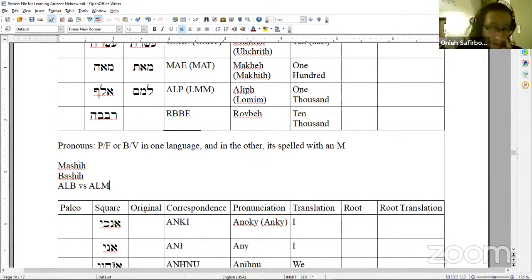So, and then of course, Hebrew sometimes adds Aleph, whereas in Akkadian, the Aleph is not there. So that's why we have it as Lamed Mem instead of Aleph Lamed Mem.